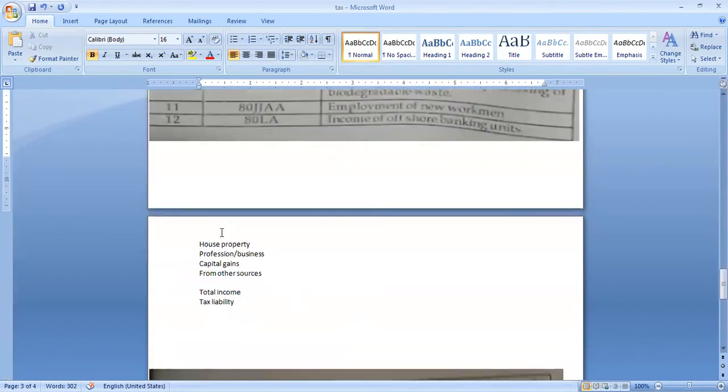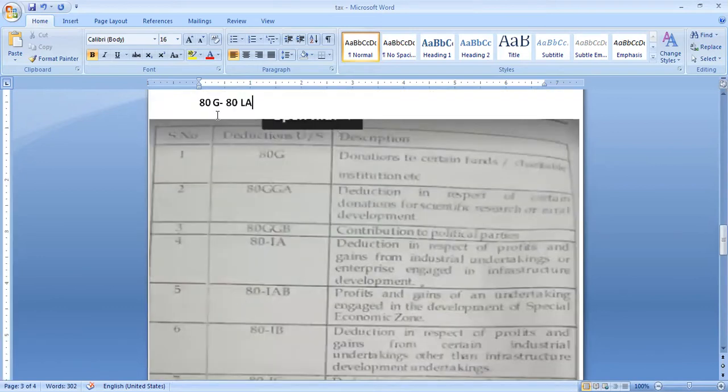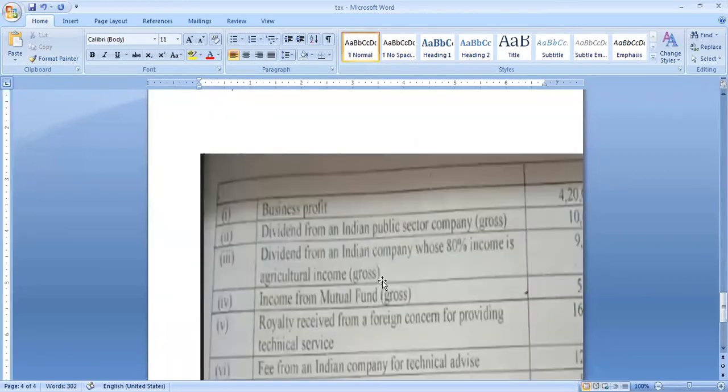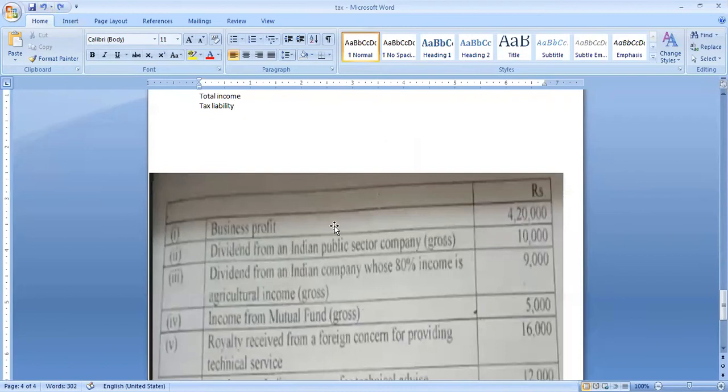Now you can see, after these 4 incomes are added, you will get total income. From that total income, you have to deduct the specified deductions allowed under the Income Tax Act from section 80G to 80LA, which are mentioned here. On the net taxable income, you are going to calculate the tax liability of a corporate assessee, that we will learn in this class.